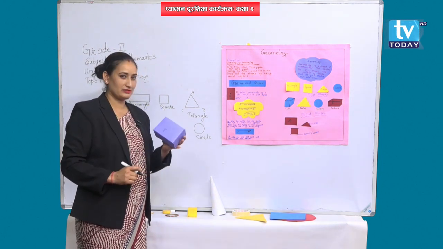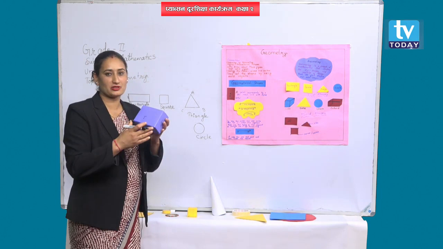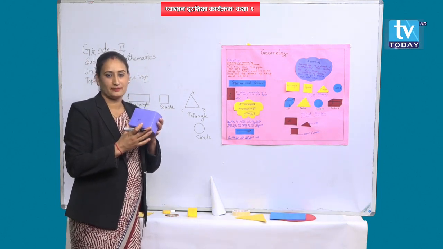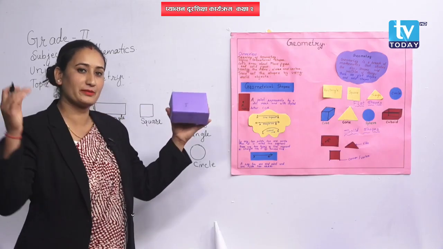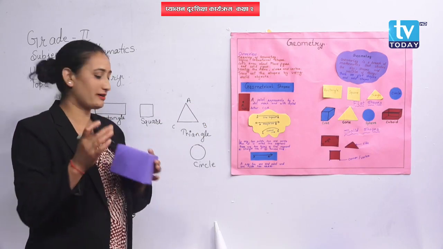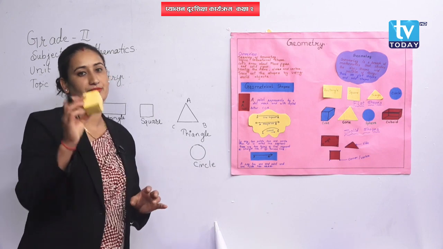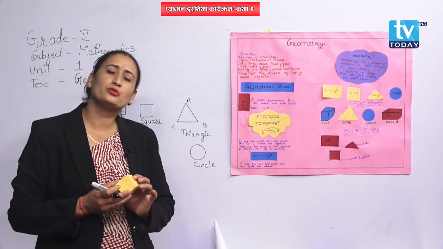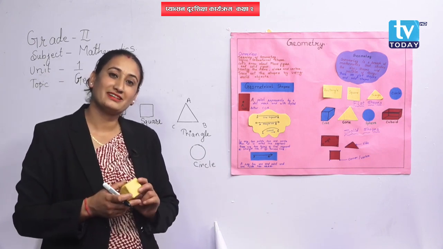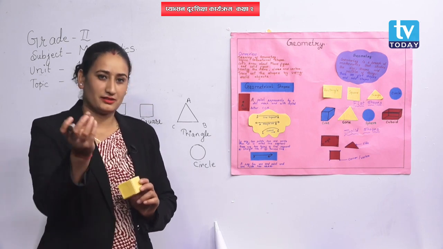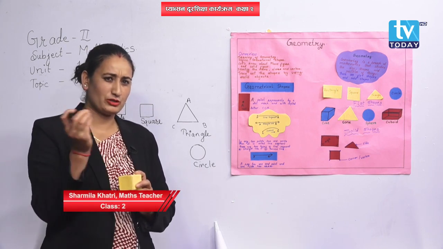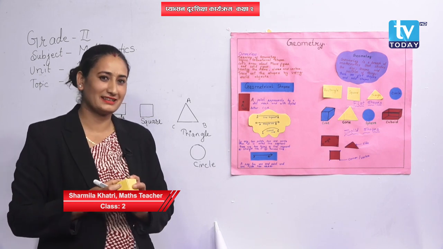Very good. Please see your carton boxes at your home also, okay? Not small ones, bigger ones. They are cuboid in shape. Now next, have you played Ludo? Yes. Okay, there is something which we throw time and again. What is that?